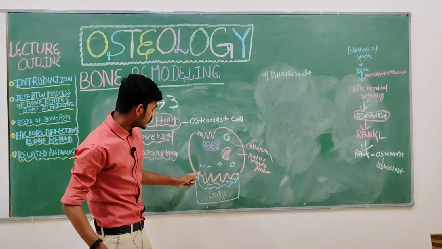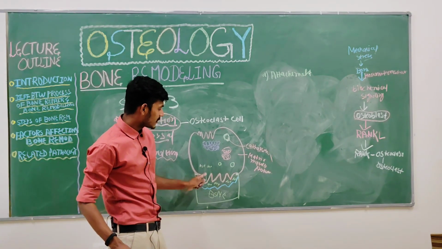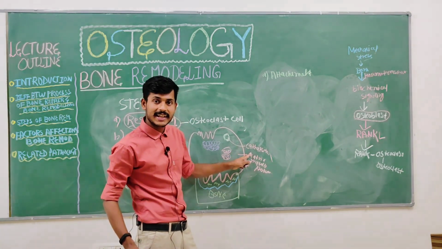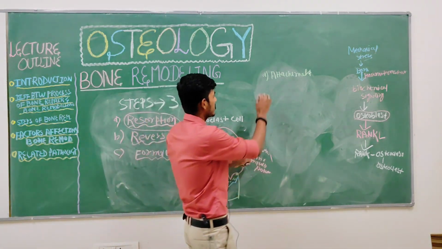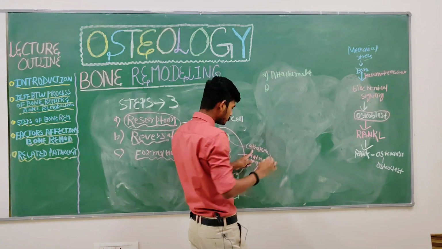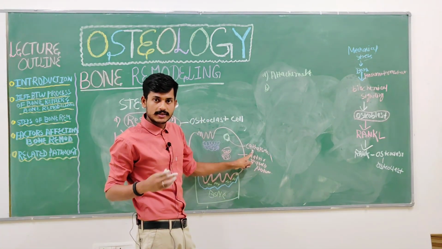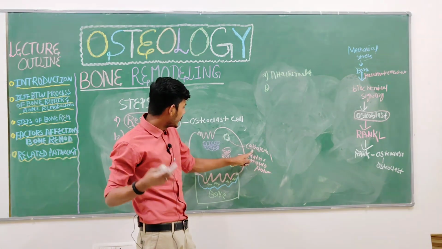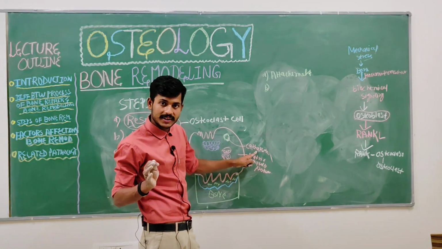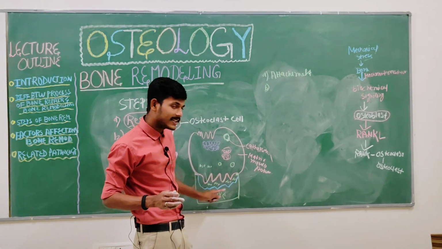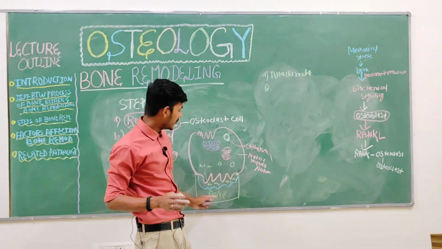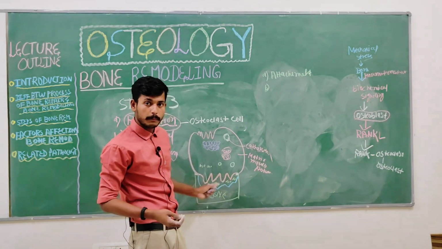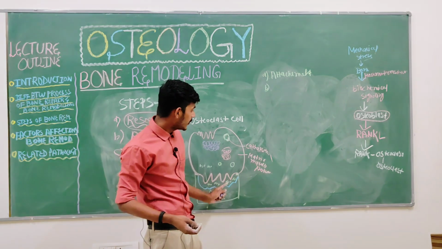That's called the attachment. By the attachment they release hydrogen ions, and the lysosomes release cathepsin K. This cathepsin K digests the proteins, so the collagen starts degrading. There is a creation of an acidic environment, which in turn digests the bone minerals.